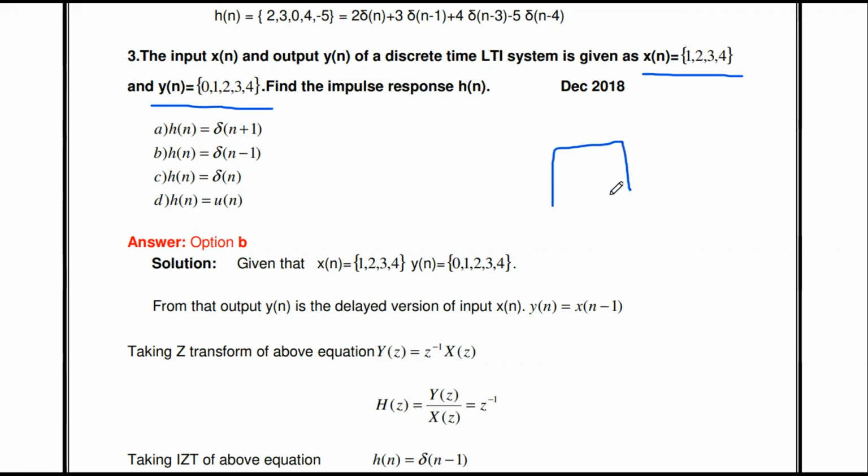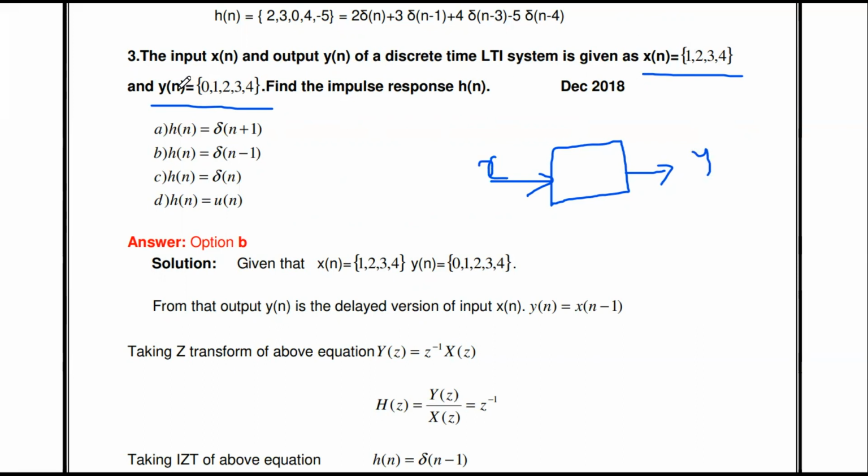All these questions are university two-mark questions. For one system, we are giving the input sequence x of n as 1, 2, 3, 4, and the system produces the output y, which is 0, 1, 2, 3, 4.